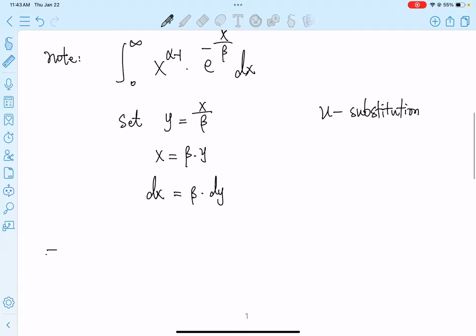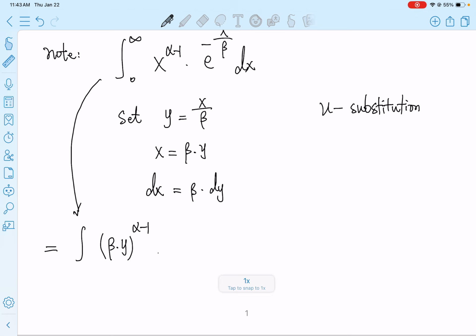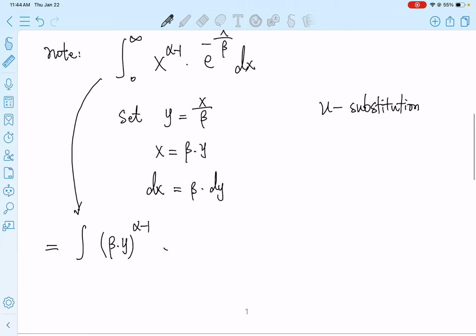Now let's continue our equation. This is equal to, by replacing the x here with the part that we re-expressed, x equal to beta y, so we put beta y raised to the power of alpha minus 1. And next, we have e raised to the power of negative y.